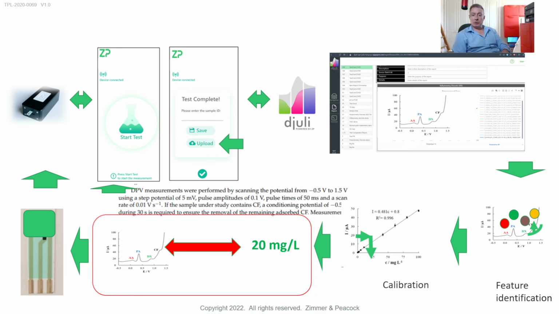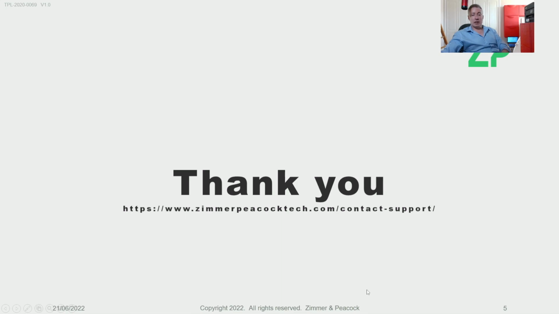For the pharmaceutical scientist, we would just display the 20 milligrams per liter, because that's really what they want to know. If you have any questions regarding the ZP platform and the way it can move an assay from an interesting scientific paper to a minimally viable assay, please don't hesitate to contact us at ZP. Okay, thanks very much.